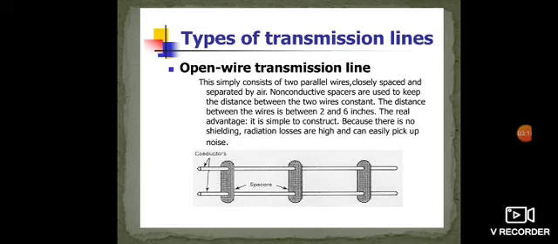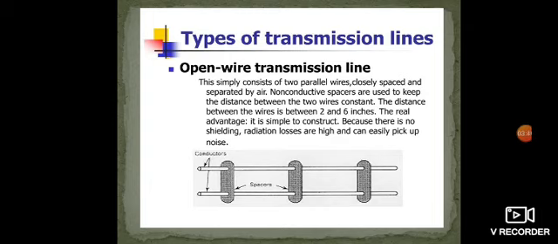In the parallel wire type, we have two wires or two conductors. The first conductor carries the original signal and the second wire acts as a ground wire. This way the data is transmitted from one point to another.